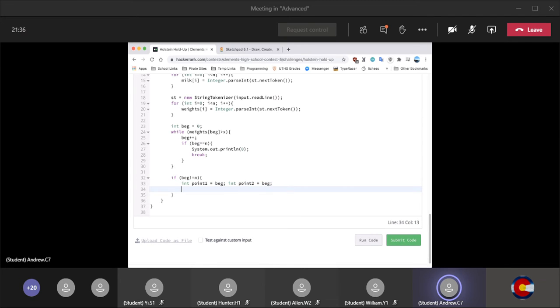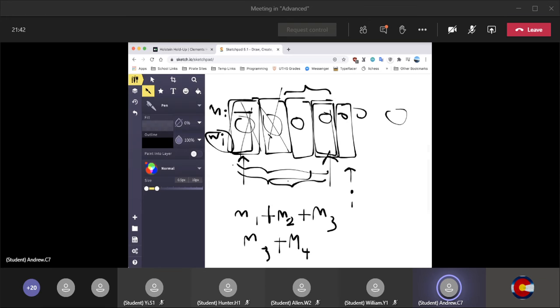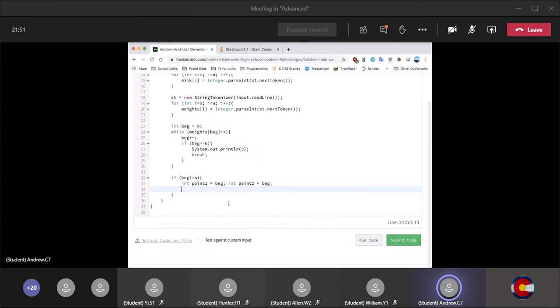Then let's see what other variables we have to store. First of all, in our algorithm, we have to store the total amount of milk we have, so that if it's greater than the maximum, we can update the maximum. So let's do long total equals, right now it's just the milking amount of the beginning cow.